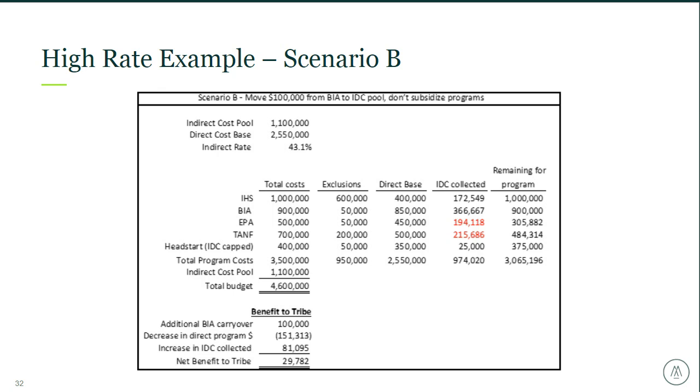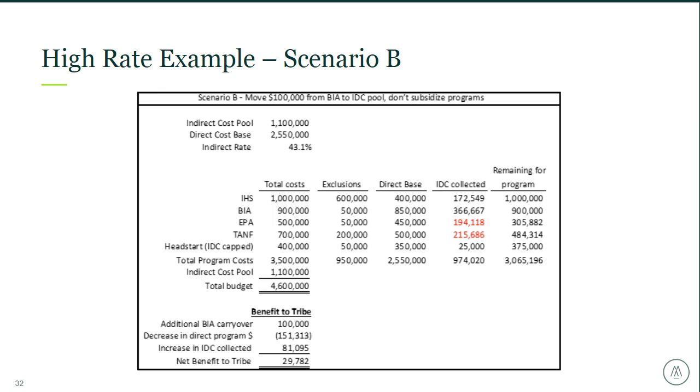All right, so if I go down to the benefit to tribe on the bottom, here's what this did in this scenario when I moved $100,000 from BIA to the indirect cost pool. I have an additional BIA carryover of $100,000. But I also have a decreased indirect program cost, $100,000 that wasn't used for BIA, and then that $51,313, that is the increase in indirect cost collection for the EPA and TANF program because of the increased rate.